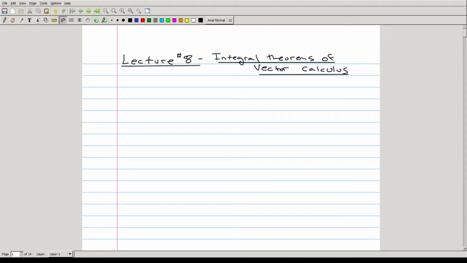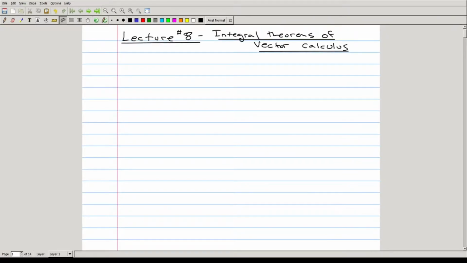So we'll jump right into the first theorem that we're going to talk about today, which is called the Kelvin-Stokes Theorem.